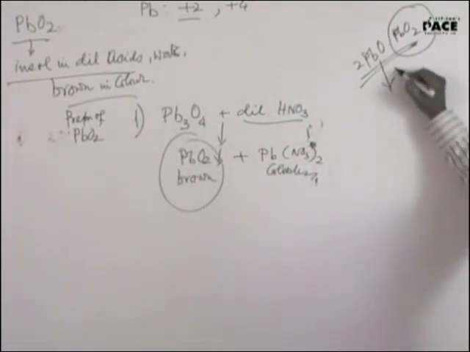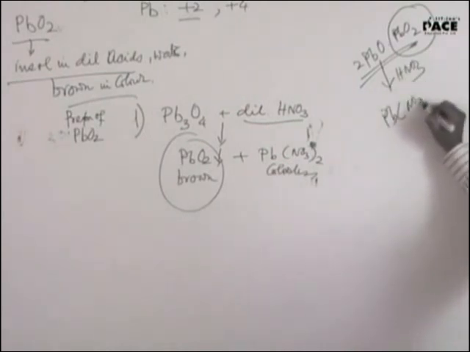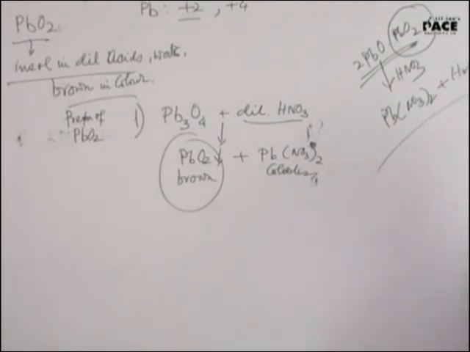Lead monoxide dissolves in nitric acid to form lead nitrate and water. So I get a colorless solution. The supernatant liquid will be colorless, made of lead nitrate. And at the bottom I will get a brown precipitate, which is lead dioxide.